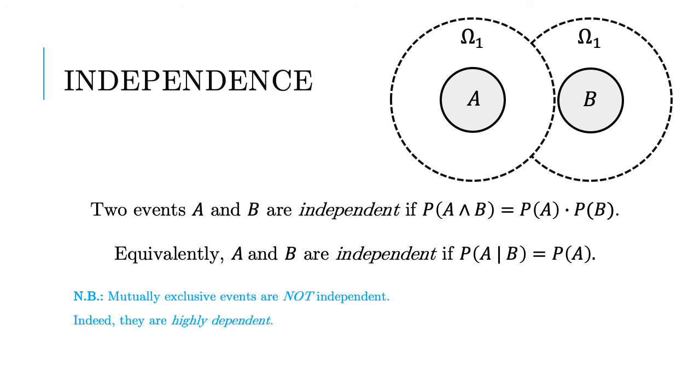Note that mutually exclusive events are not independent. Indeed, they are highly dependent. When we learn that a coin comes up heads, that is mutually exclusive with it coming up tails. But it absolutely changes the probability of coming up tails when we learn it came up heads, right?